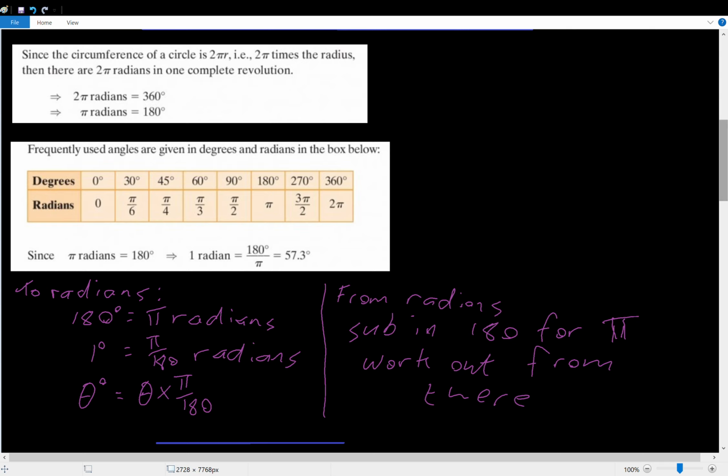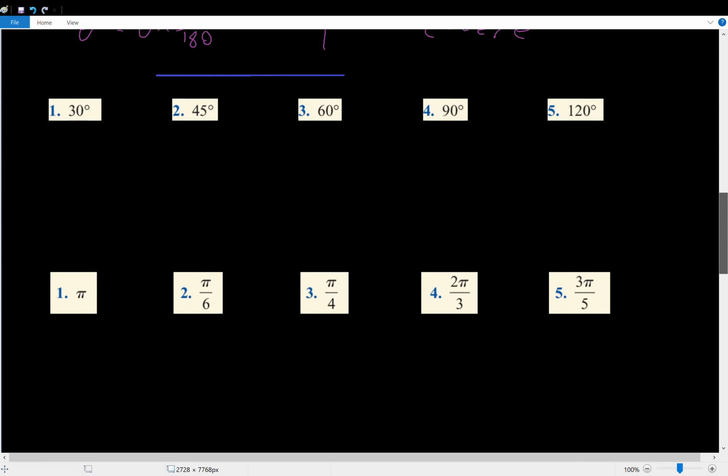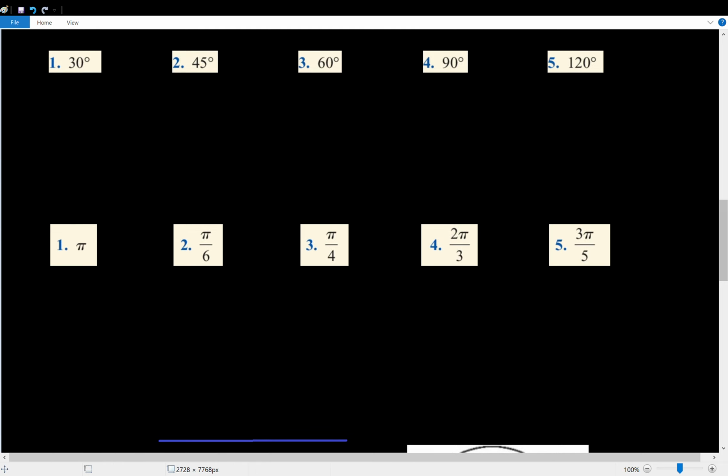So let's take a look at a couple of examples of converting to and from radians. We've got a bunch of measurements in degrees and a bunch of measurements in radians, and we're going to convert to radians and then from radians. So converting to radians to start with, we have to multiply by pi over 180. For this one here, it's going to be 30 times pi over 180.